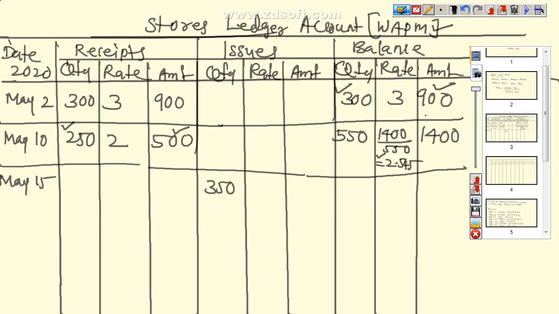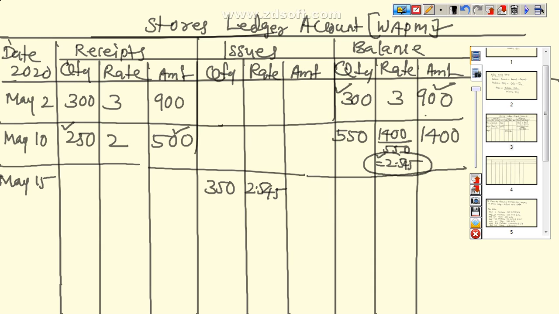So here we issue the material on 15th May. Immediately before, we calculated the weighted average price, which is 2.545. The entire units we issue on the basis of this 2.545, because there is no first price or last price consideration. We calculate the average price after every transaction, and the average price is the combination of all the material.